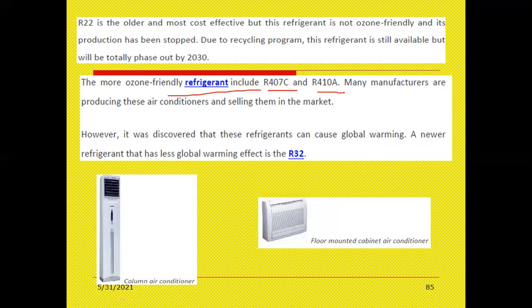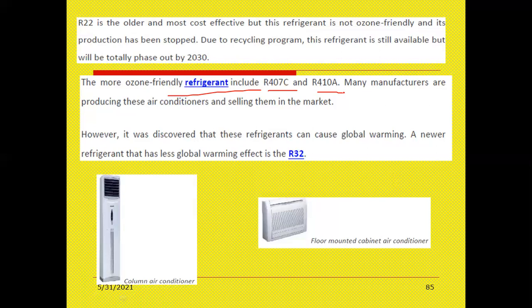Whatever the company and whatever the design they are making, what type of cycle is it having? The most eco-friendly refrigerants are R410A and R407C. But these refrigerants can cause global warming.